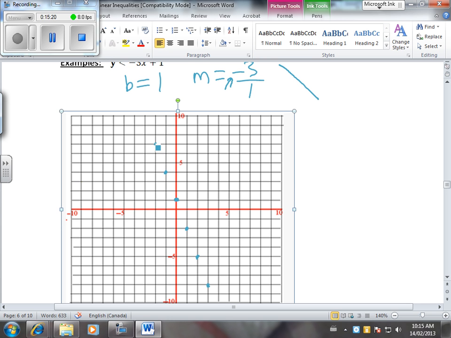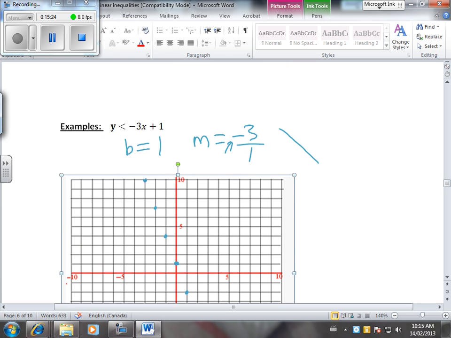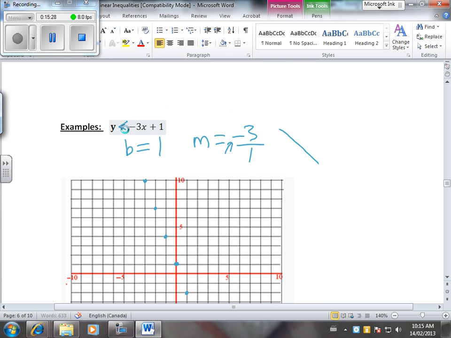Now, let's look at our inequality again. Here we go. y is less than negative 3x plus 1. And so in this case, our boundary will be y equals negative 3x plus 1.